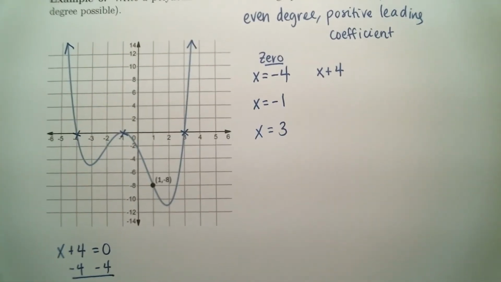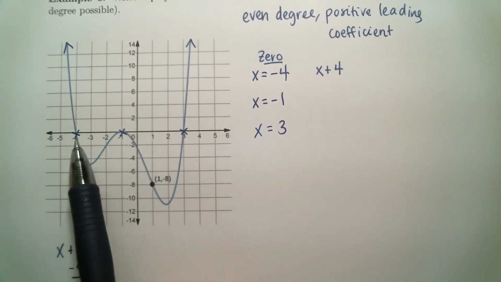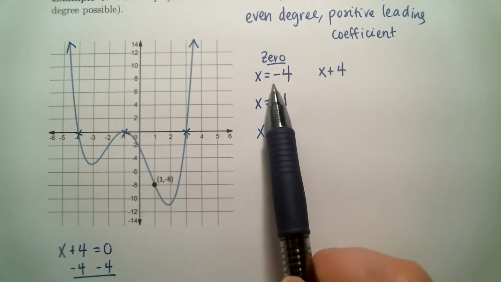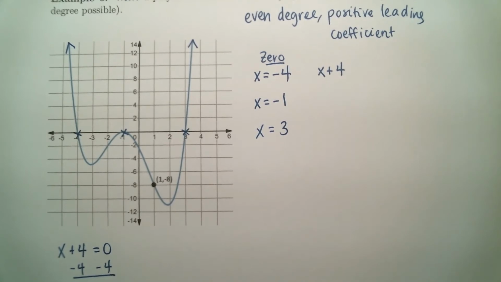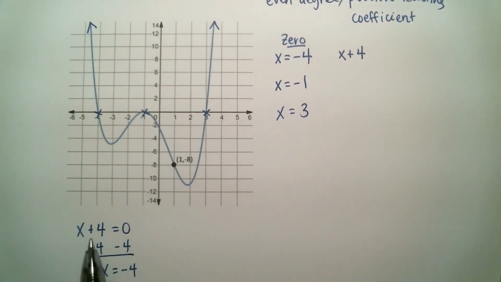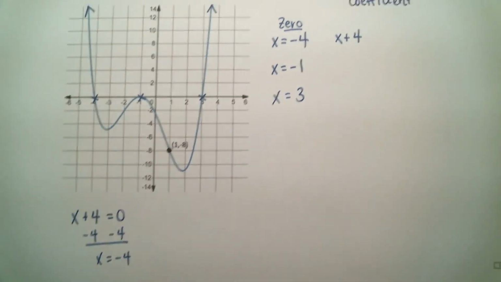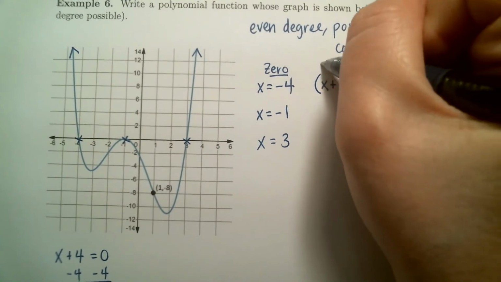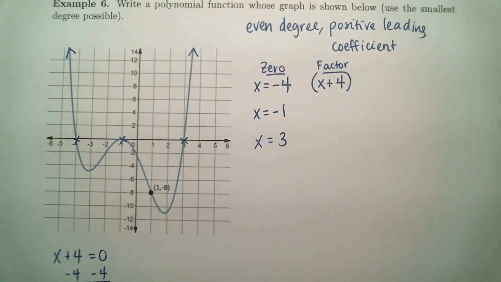So the whole idea of doing this type of problem is to relate the 0 to its factor. If x equals -4 is your 0, or your x-intercept, this is the factor that it had to come from, x plus 4. So this is going to be one of the factors. I'll put a little column here that this has to be the factor that goes along with it.